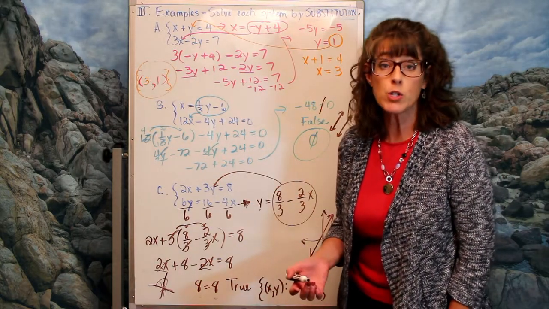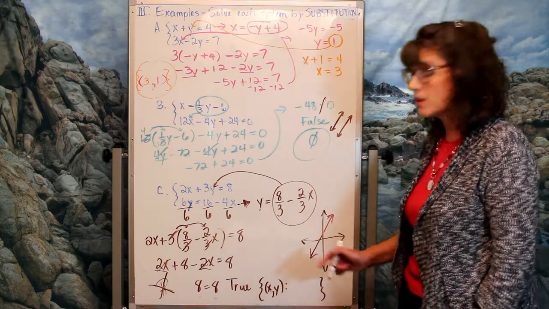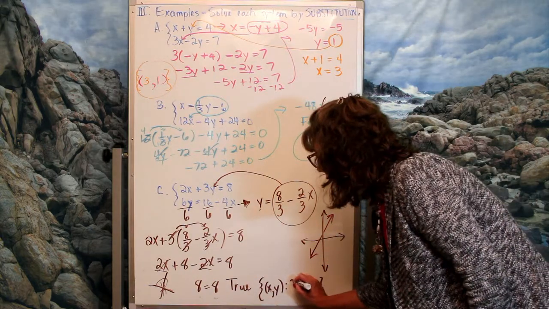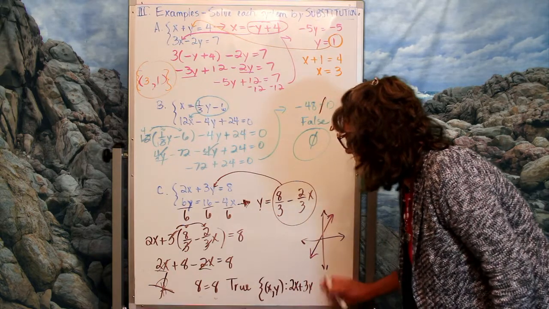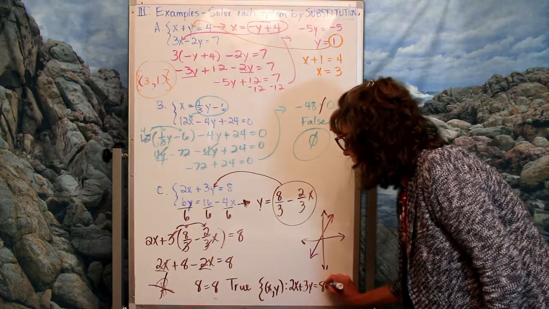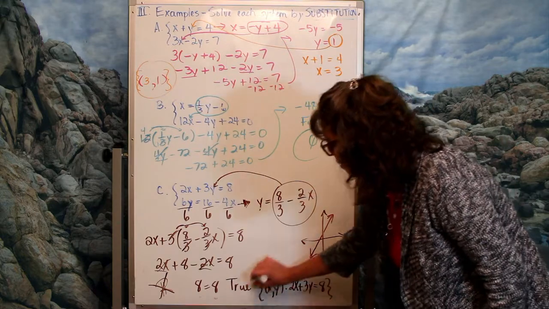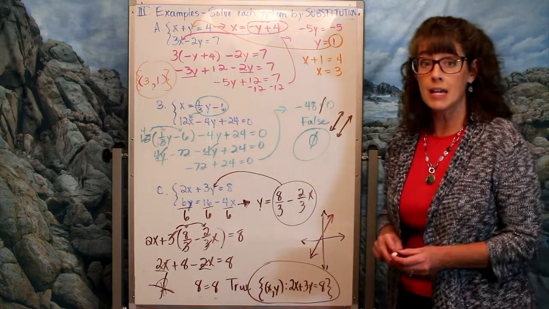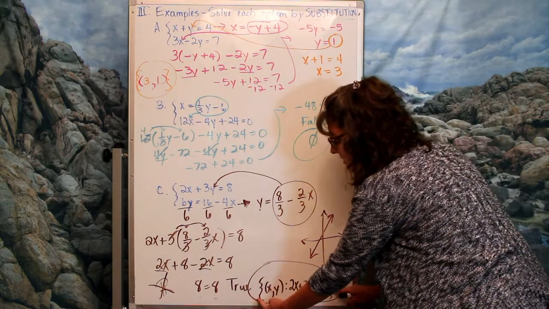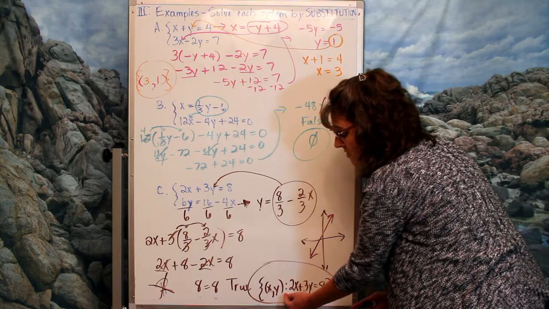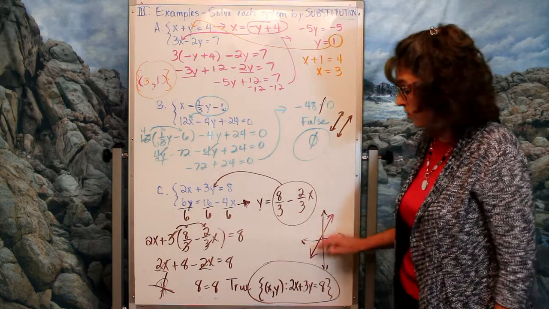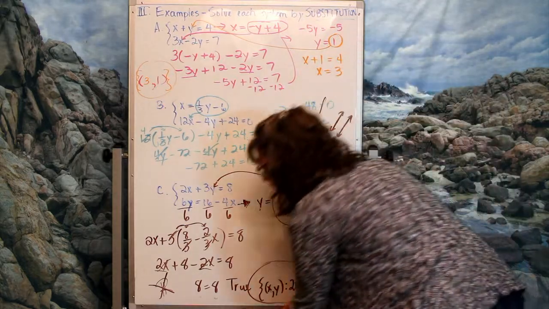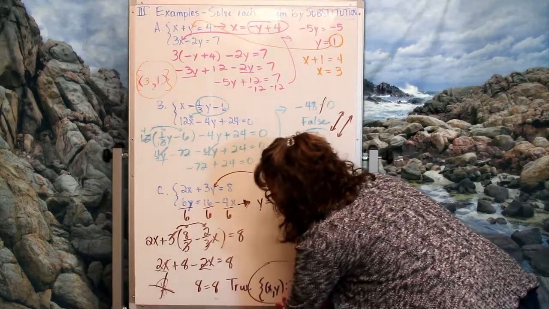It doesn't matter which one we pick because they both represent the very same line. As a habit, I tend to pick the top one, but it really does not matter. So here's my solution, and what this says is the set of all points that satisfy that equation, because those are the ones that are on that line. So let's flip back to those notes and fill in the rest of it.